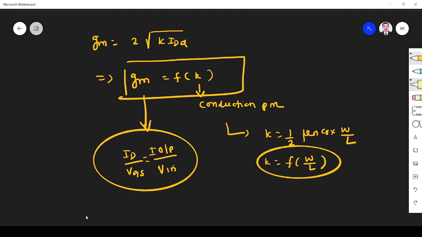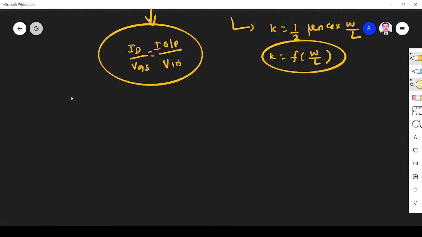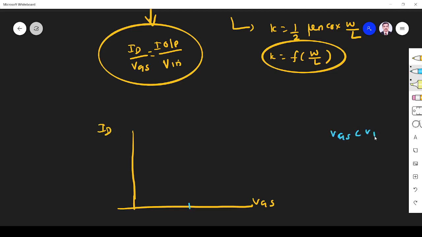And you see from the VGS-ID characteristics, that is the transfer characteristics, when VGS is less than VT in an N-channel MOSFET, the transistor will not conduct. Let us assume it is VT. Beyond that, it will start conducting.